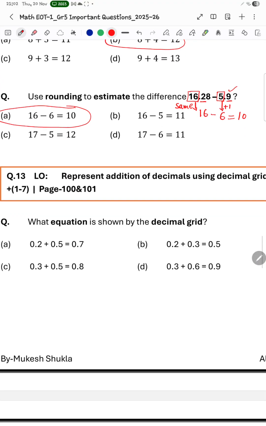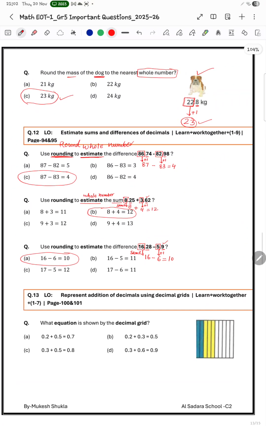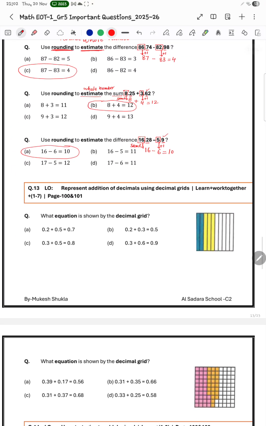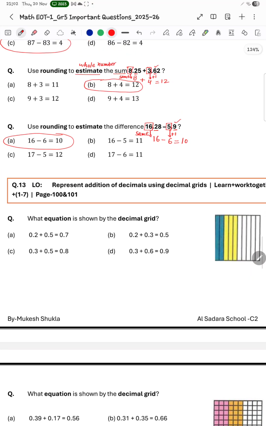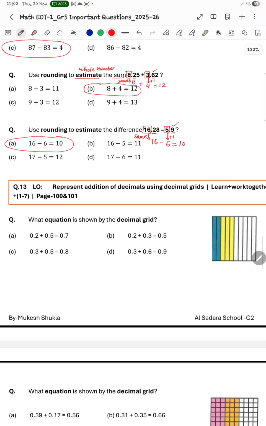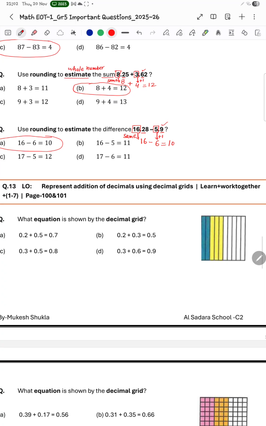Okay, now this is a very interesting question, and you don't have to do anything. By looking at the picture you can get the correct answer. Which equation is shown by this decimal grid? Look here, I have two colors. Whenever you see two colors, that means it is plus, and this grid is 1 by 10, which means there are only 10 partitions in a square.